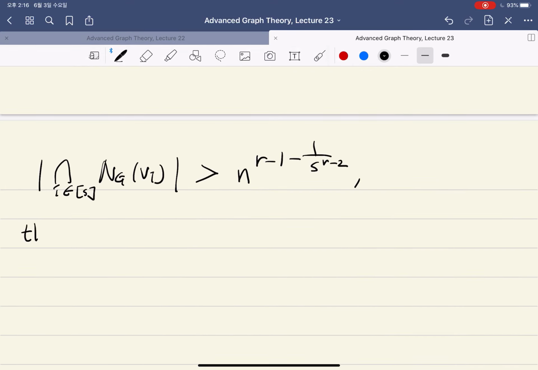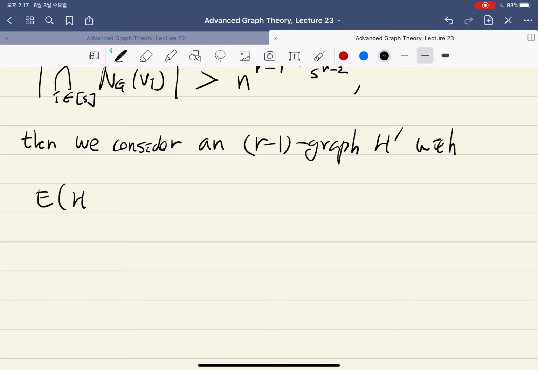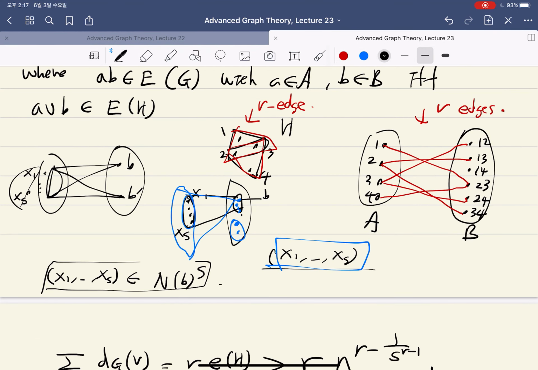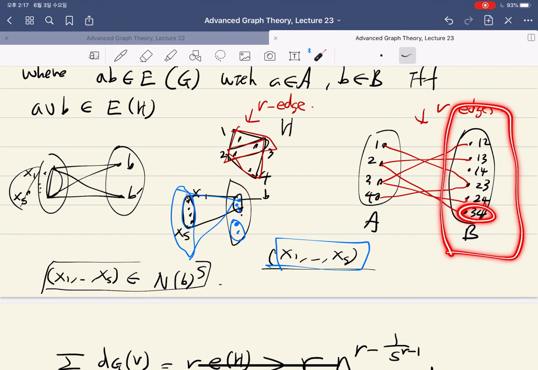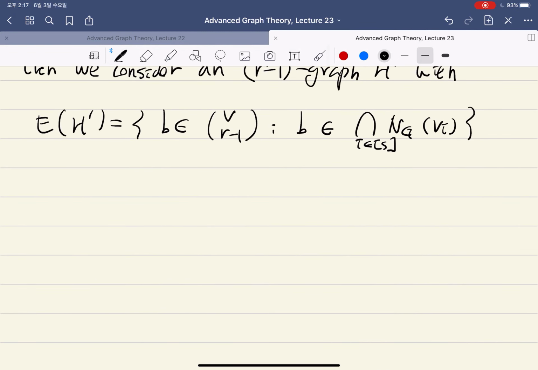Then what we do is we consider an r minus 1 graph, say H prime, where E of H prime is all the sets of size r minus 1 which lie in this common neighbor in G. So remember, on this B part, these are the vertices of G. But these are also sets of size r minus 1 inside of B. So that also corresponds to the sets of size r minus 1.